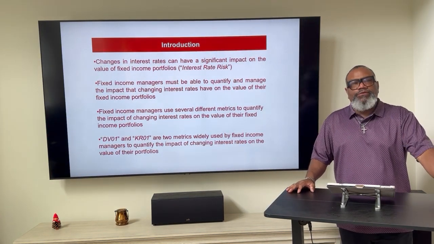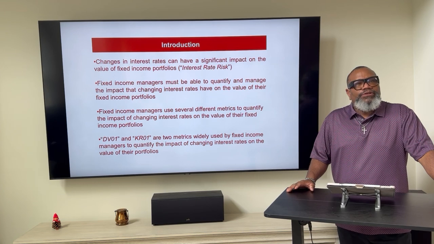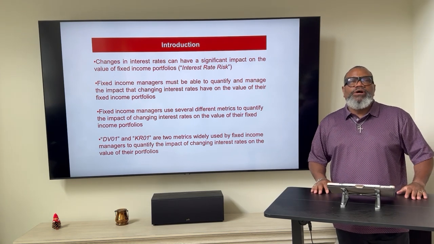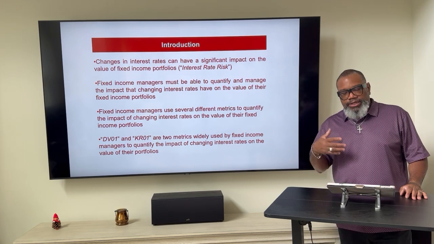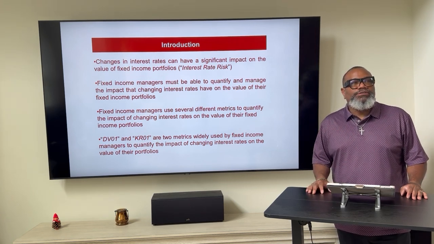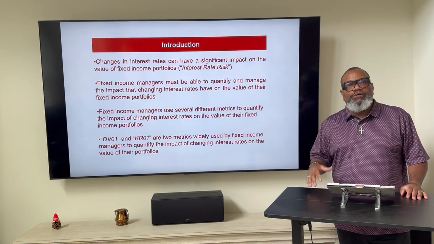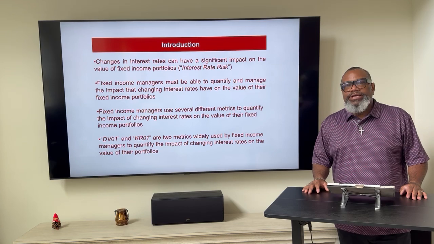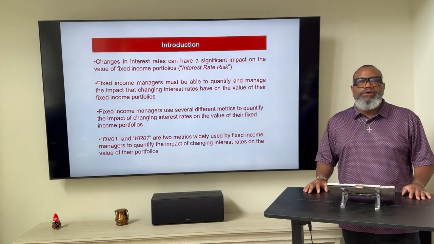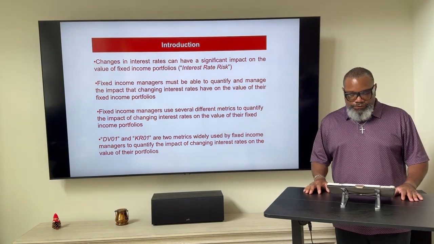So the first thing is interest rates have a significant impact on the value of fixed income securities. And as a result, managers must be able to quantify and manage the impact that changes in interest rates will have on their fixed income portfolios.